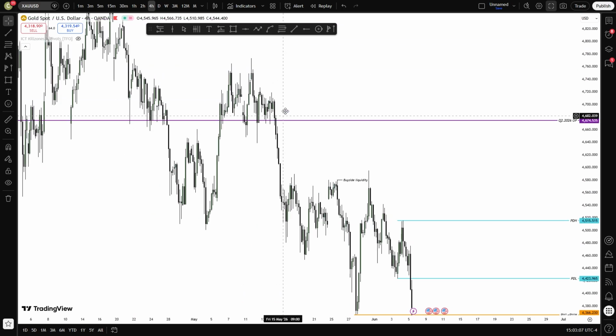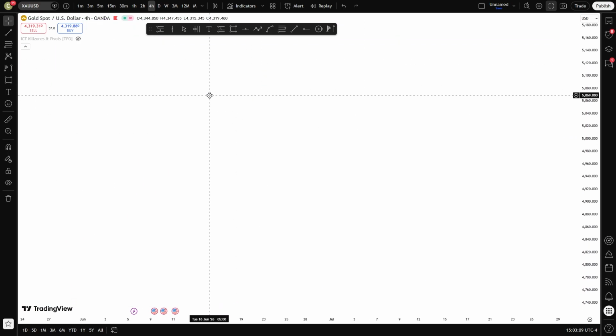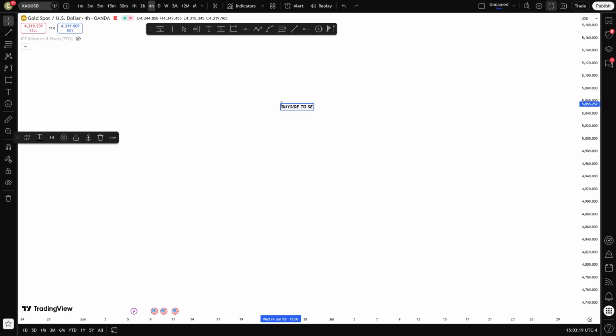Liquidity, how does liquidity go? Liquidity goes from buy side to sell side liquidity, and from external to internal. What does it mean?